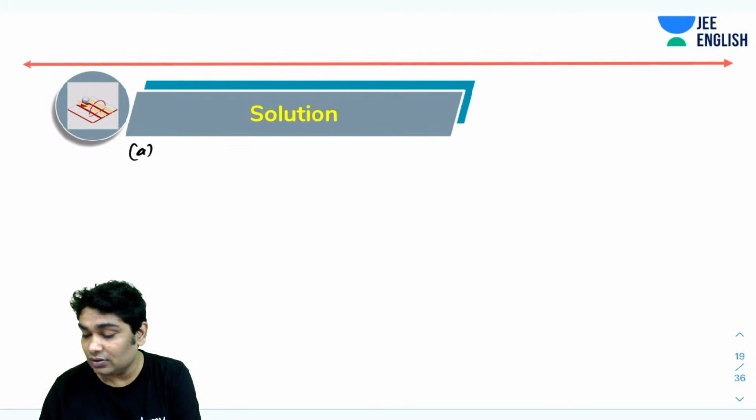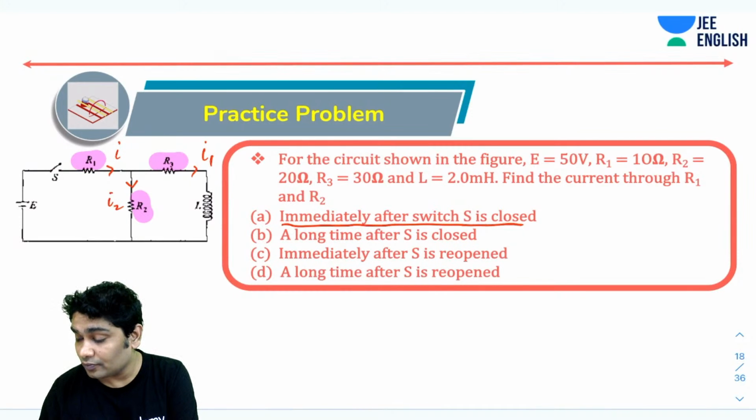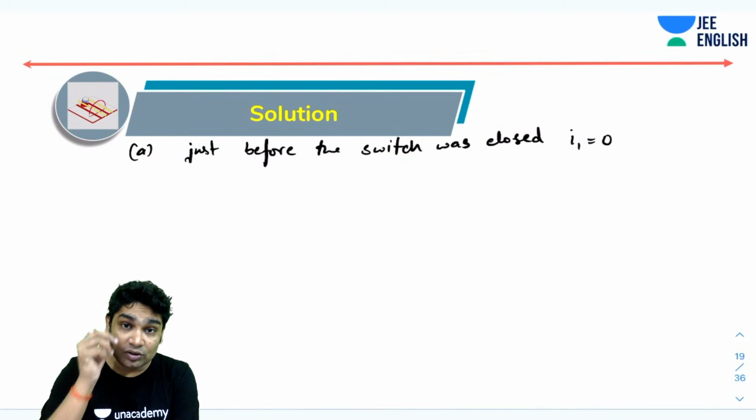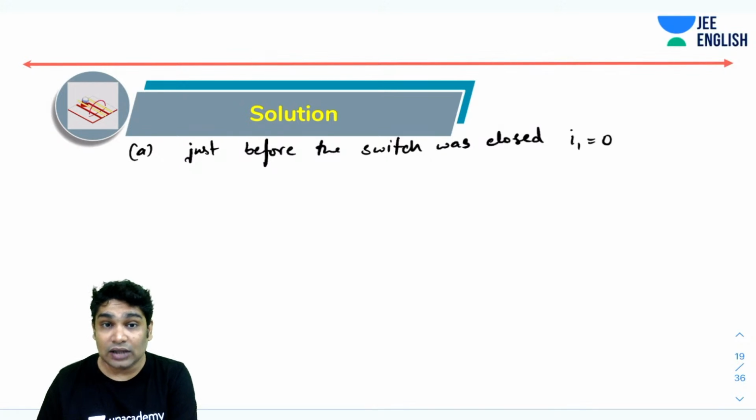For part A, just before the switch was closed, I1 was 0. So if I1 was 0 just before closing the switch, then just after closing the switch it will also be 0. That is what you need to remember. That is the most important property of an inductor: it cannot allow the current through it to change instantly.